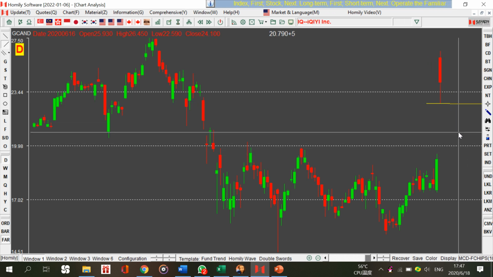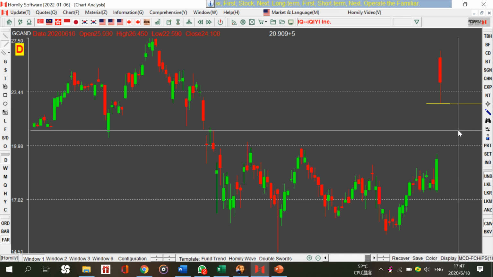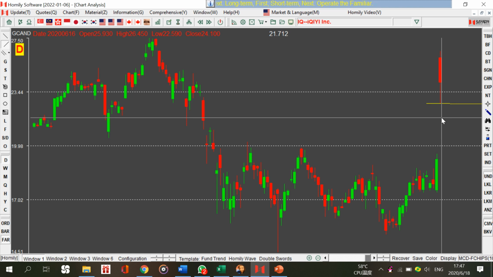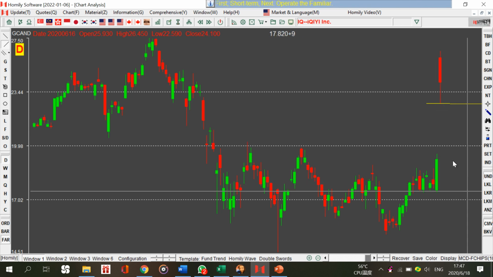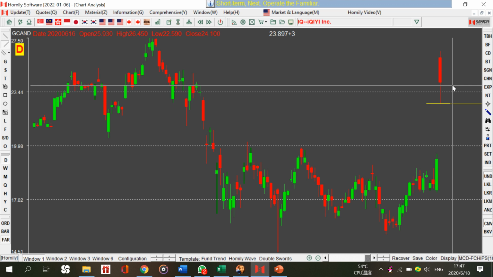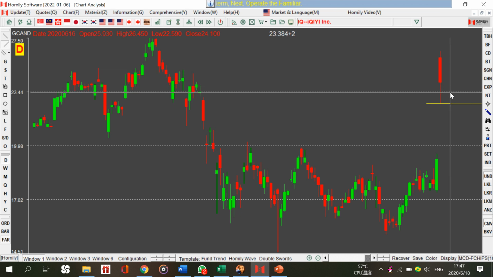Then also you need to know that all the gaps must be covered in the stock market. It's just a matter of time. For some shares, the gap can be covered in a very short time. For some, it might be covered after a very long time.